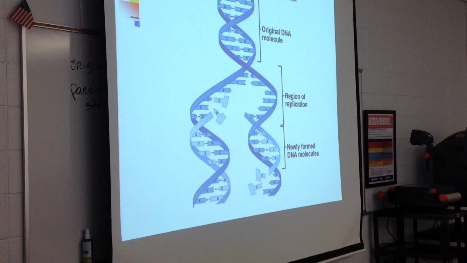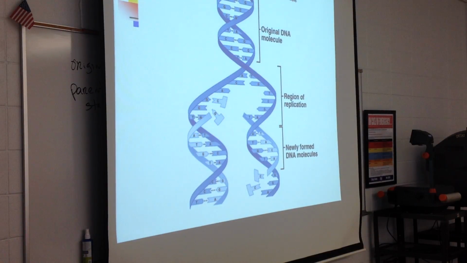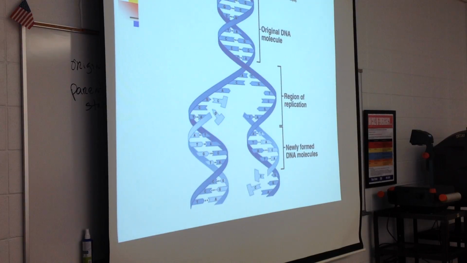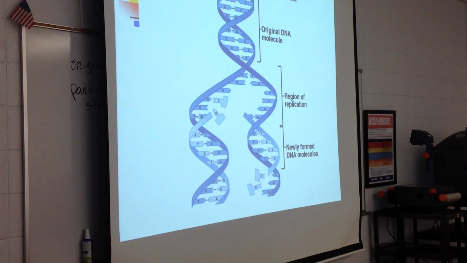And as you notice, where it's replicating, it's been spread apart, and newly synthesized strands in light blue are being produced that are complementary to the original parental strands. And so we end up with two double-stranded molecules, half of which is old, half of which is new.